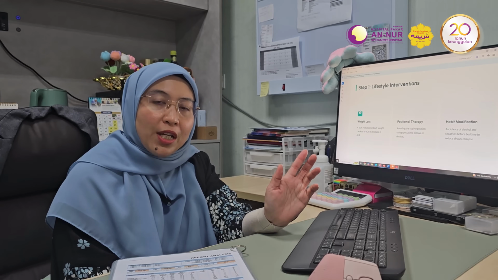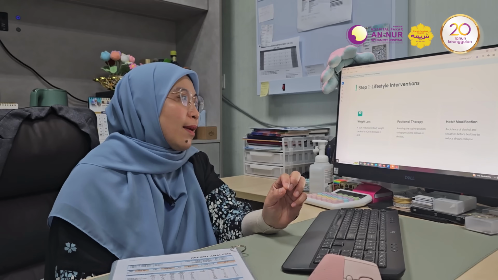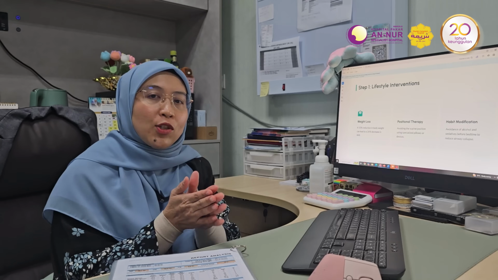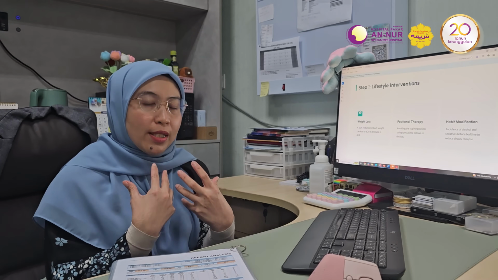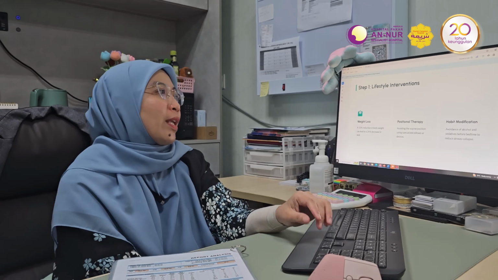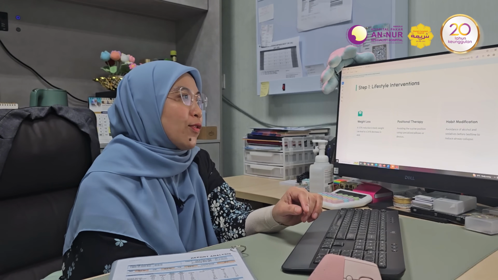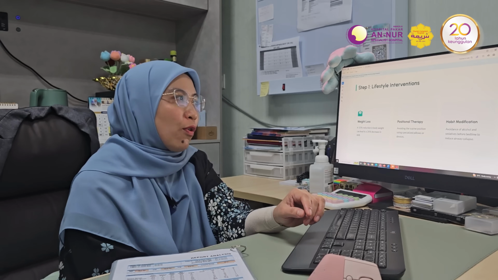Usually this is for patients who have mild OSA, as we ask them to avoid the supine position, because every time patients lie supine, the tongue will fall backwards and narrow the airway. Also habit modification, such as avoidance of alcohol and sedatives before bedtime.